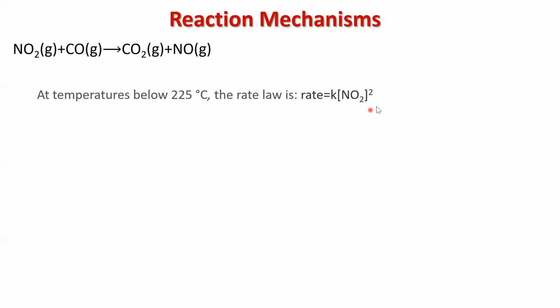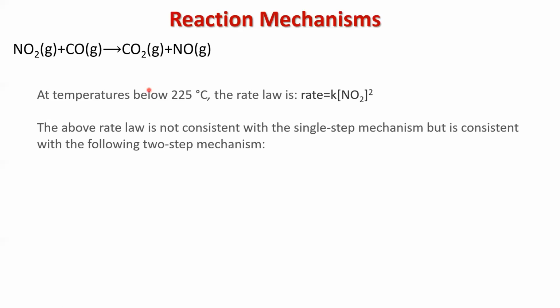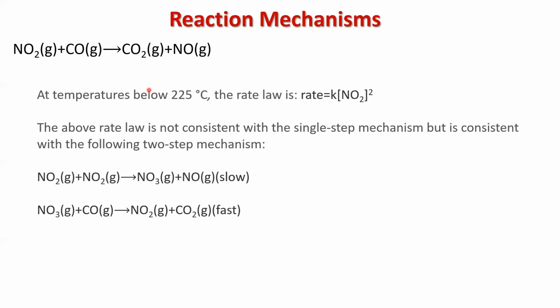This rate law doesn't match up with this equation for two reasons. We only have one nitrogen dioxide instead of two, and carbon monoxide isn't in the rate law. So this reaction must take place by way of a reaction mechanism, in a series of steps. So the above reaction is not consistent with a single step mechanism, but is consistent with this.